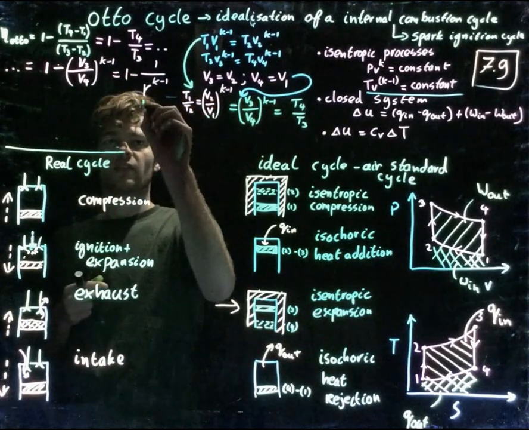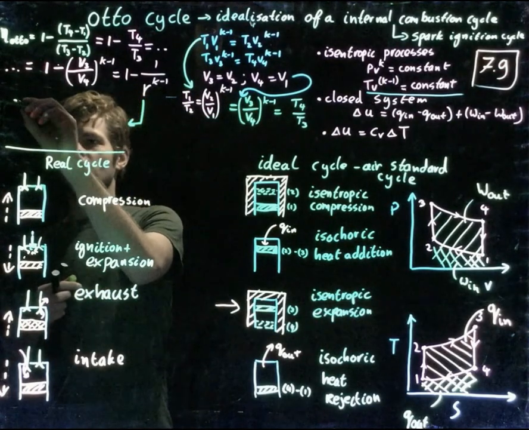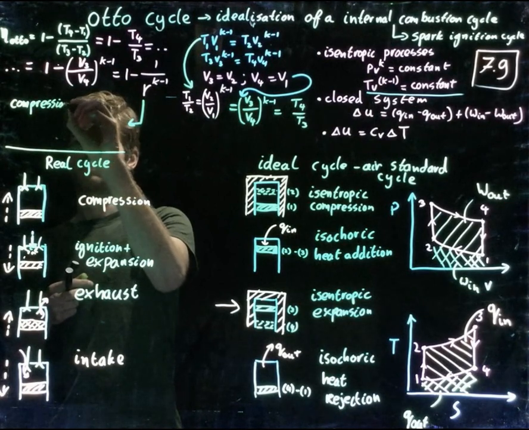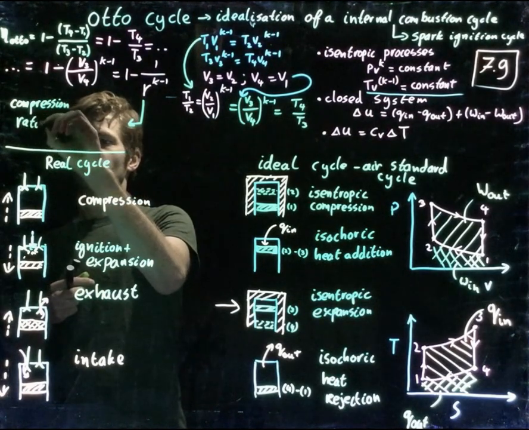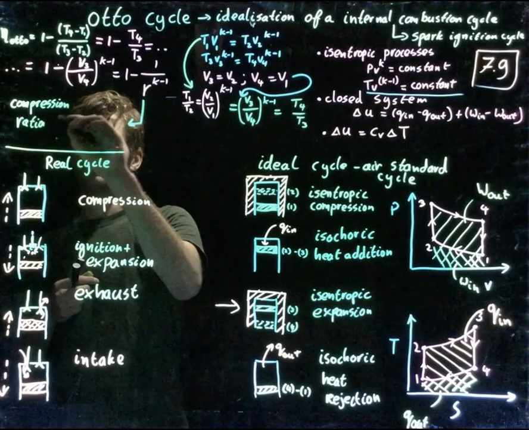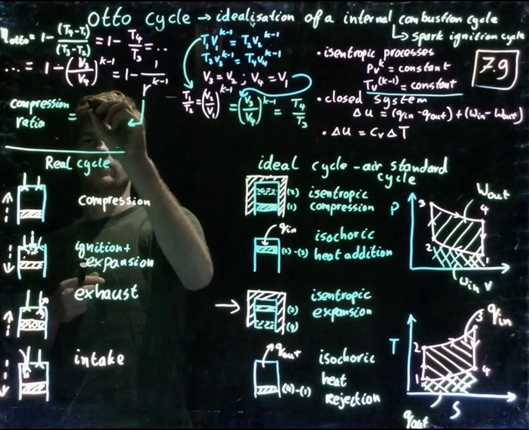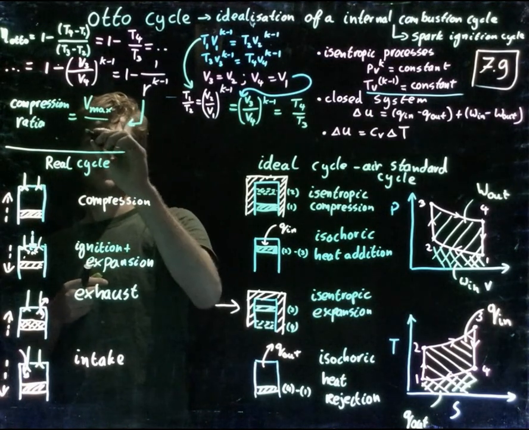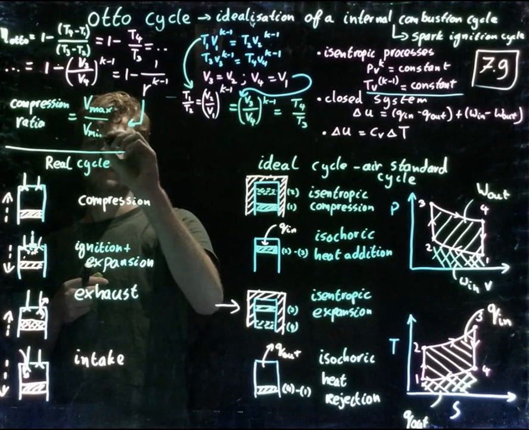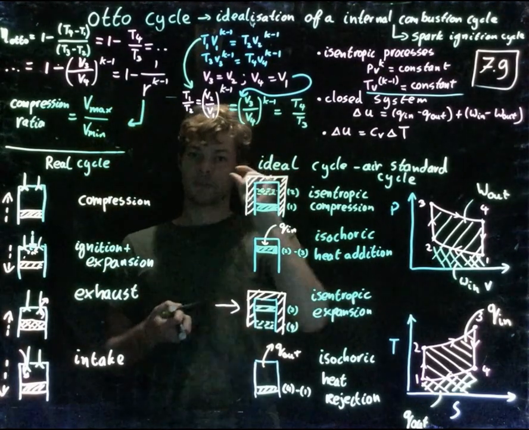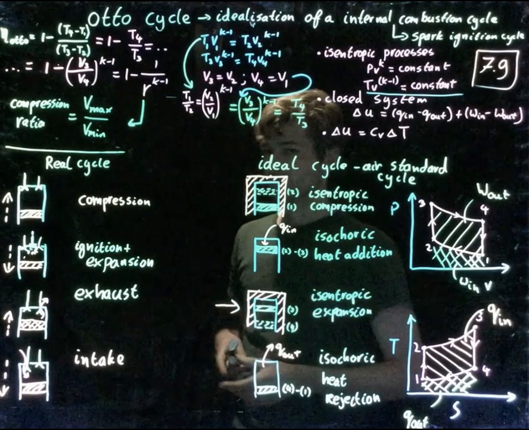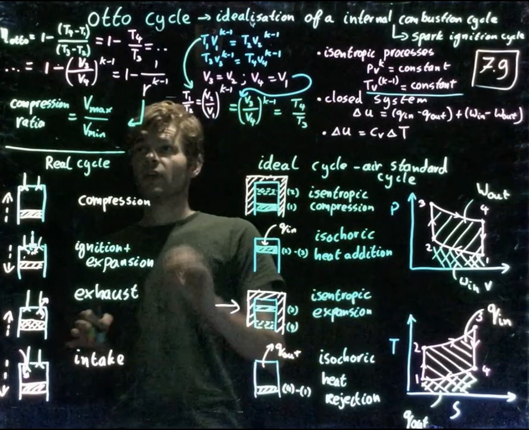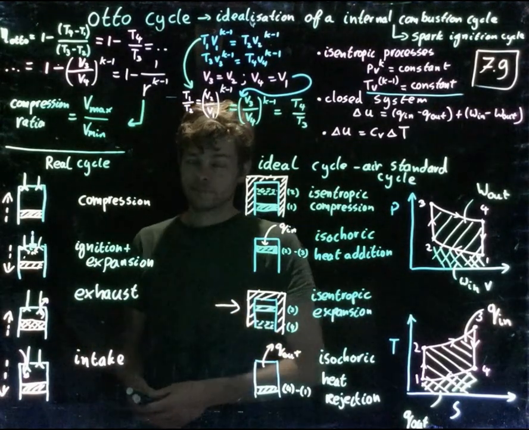This r is the compression ratio, and this compression ratio is defined as V max, at the bottom dead center, over V min, at the top dead center, and this is called the compression ratio, and this determines the performance of your Otto cycle.